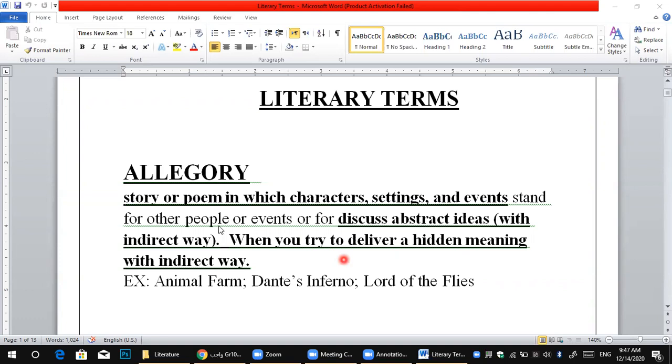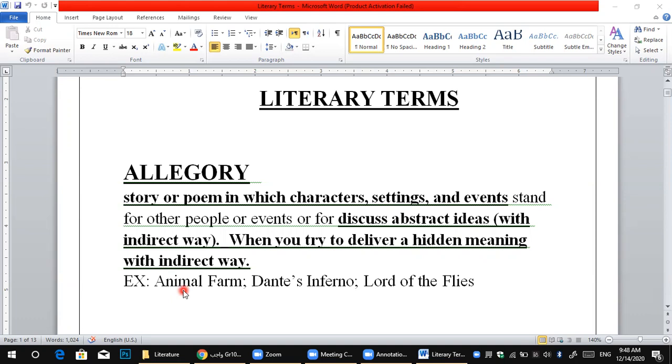So again, what does allegory mean? It's a story or a poem that tries to send a meaning in an indirect way. So here we discuss abstract ideas. What does it mean to discuss abstract ideas? It means delivering a hidden meaning in an indirect way.